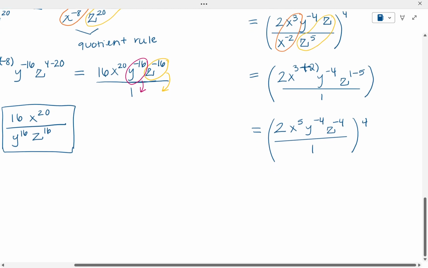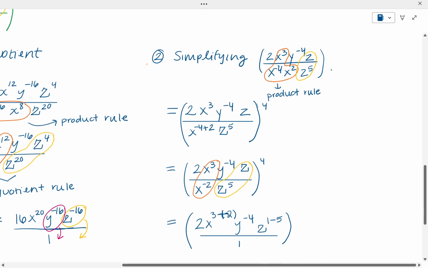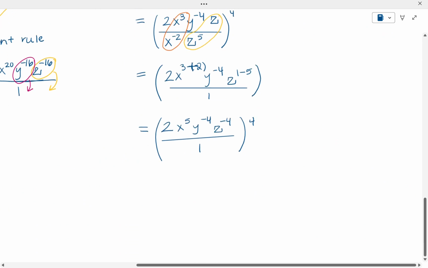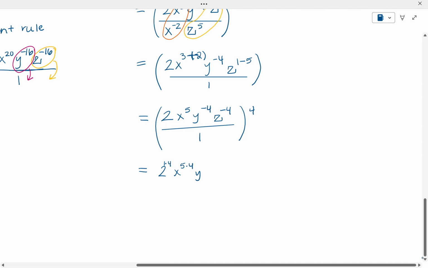So now we can multiply all the exponents by 4 by using the power of a product rule. So this becomes equal to 2 to the 4th power, x to the 5 times 4, y to the negative 4 times 4, z to the negative 4 times 4, over 1 to the 1 times 4.